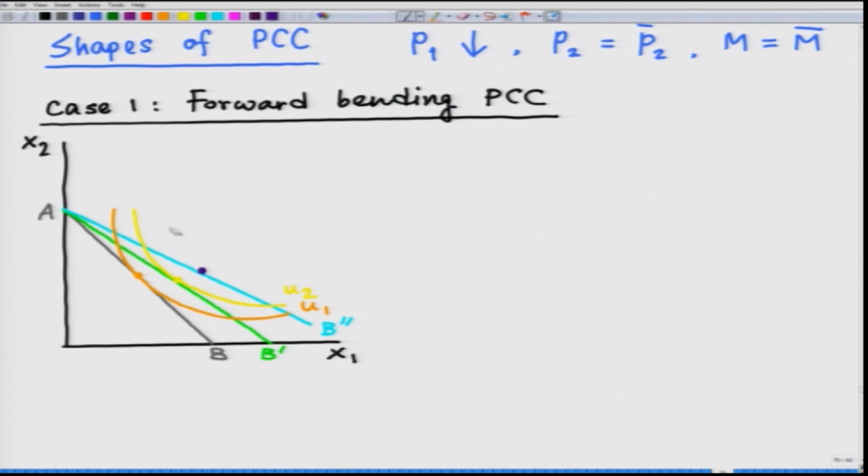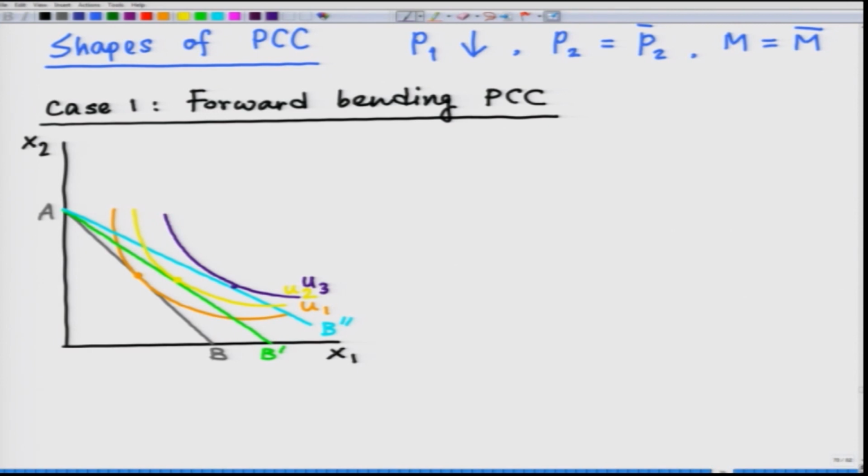Wait a minute. Now, as the price consumption curve has to bend forward, I had assumed that point of tangency beforehand, so that I can easily draw the graph, and now let us assume that at that selection point there is a tangency between the budget line A B double prime and that denotes a utility level U 3.